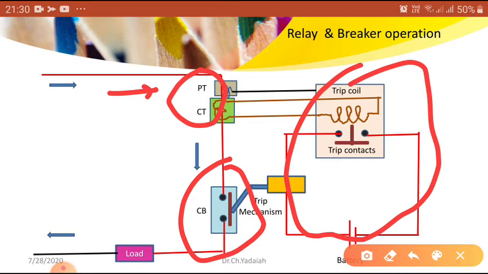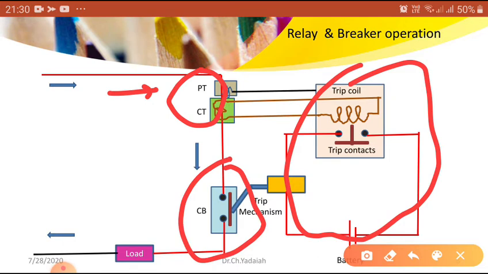During this period a number of forces are developed, and the breaker can withstand those forces. But how can it detect whether it is under normal condition or faulty condition? That can be identified by our electrical systems.